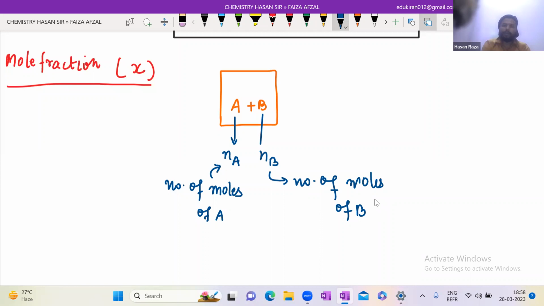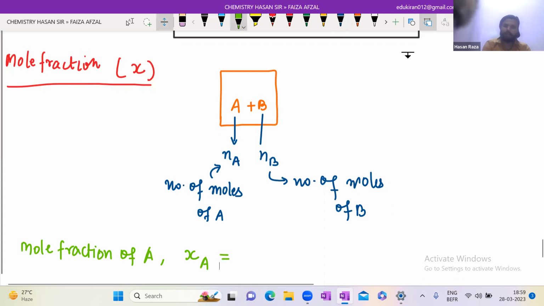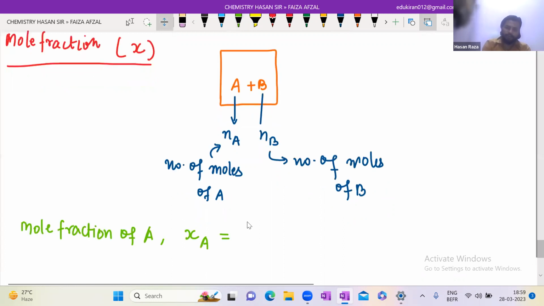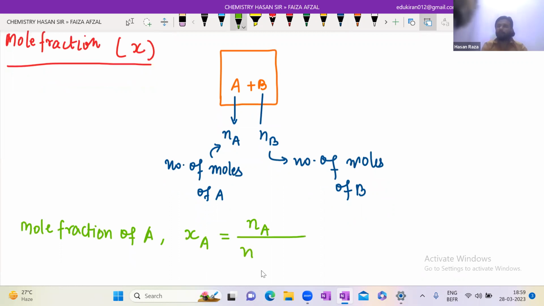So if I'm going to write a formula for mole fraction, the mole fraction of A, that I will represent by chi A. This represents the mole fraction of A. That will have the formula: number of moles of A in the numerator upon total number of moles in the container, like Na plus Nb.